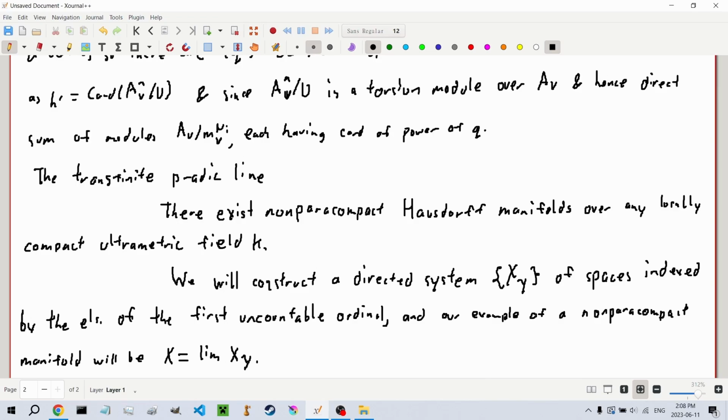I believe that's referring to like the first limit ordinal, right? Where you're essentially defining the natural numbers as being the collection of all smaller natural numbers. So 0 is the empty set, 1 is the set with 0 in it, 2 is a set of 0 and 1 in it, and so on.